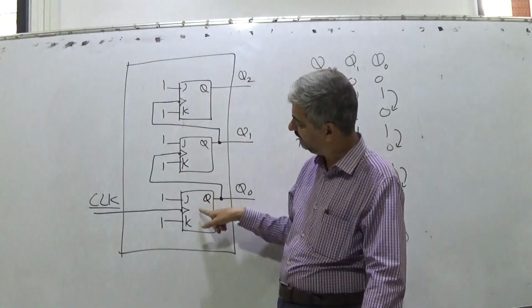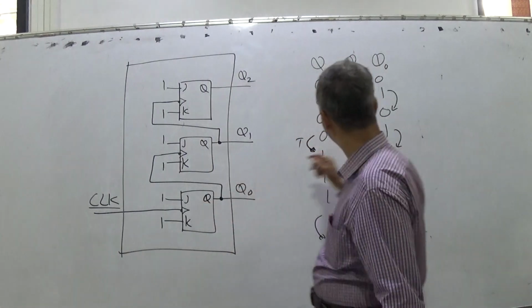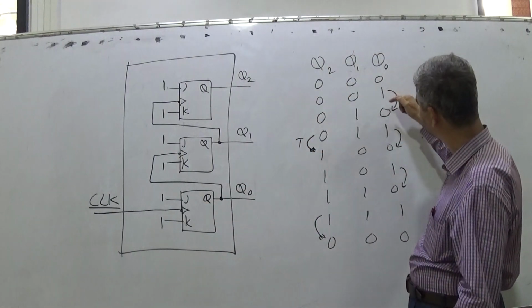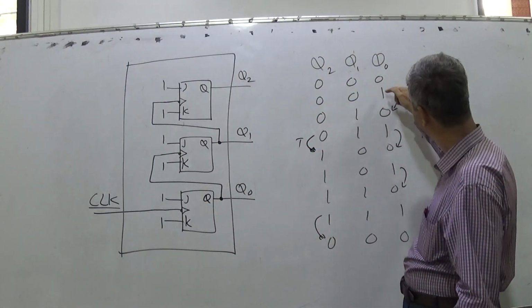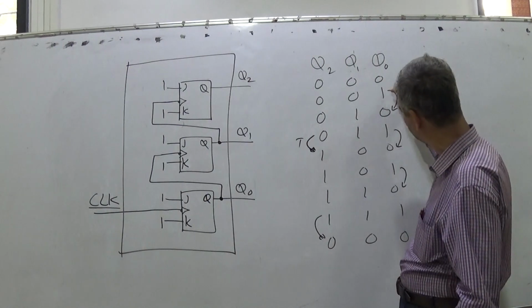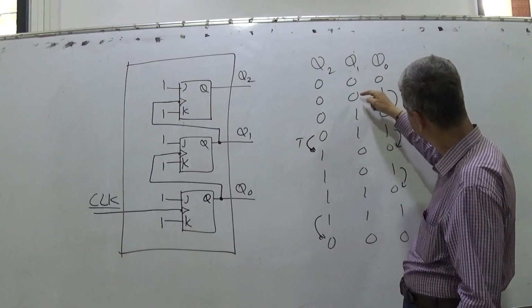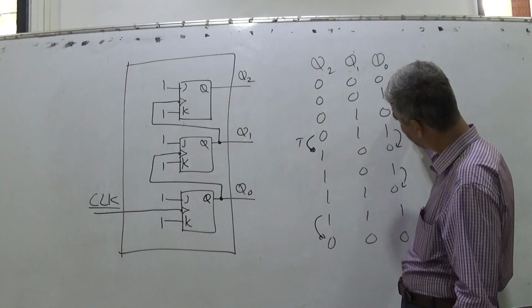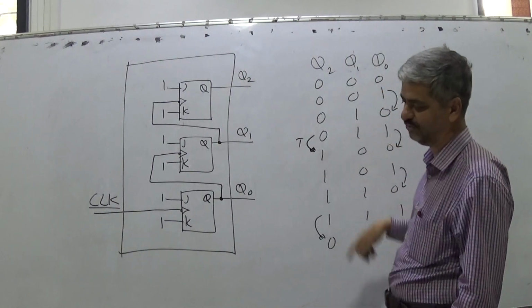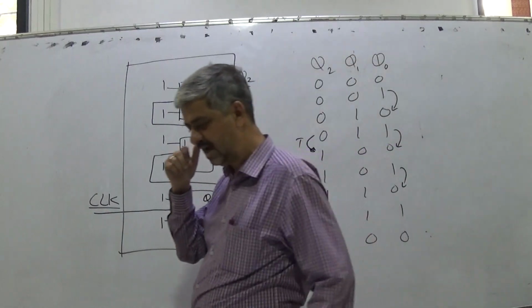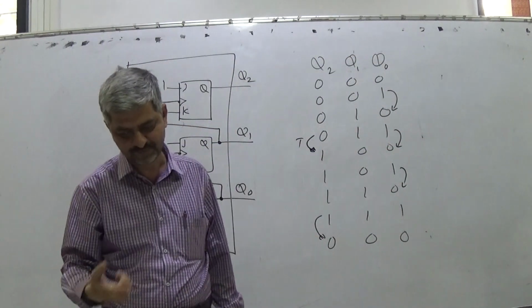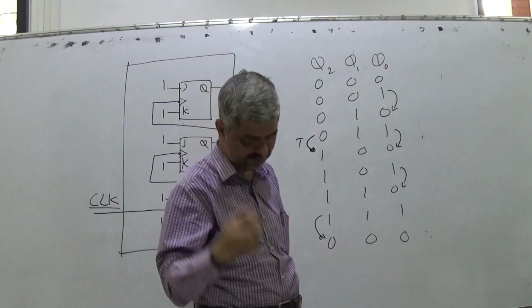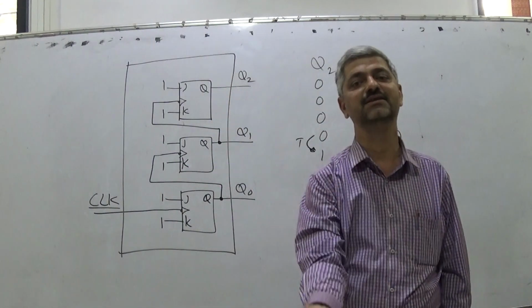So when the clock comes, this toggles. When this toggles, it will act as a clock and then the next one toggles. Like CR calling number 1 getting awakened, and then number 1 calling number 2.